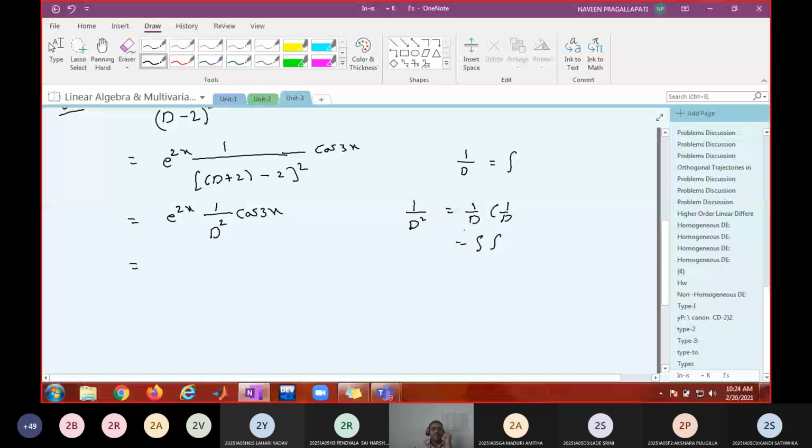Integral of integral. So what is one time integration? Sin 3x by 3. What is second time integration? Minus cos 3x by 9.